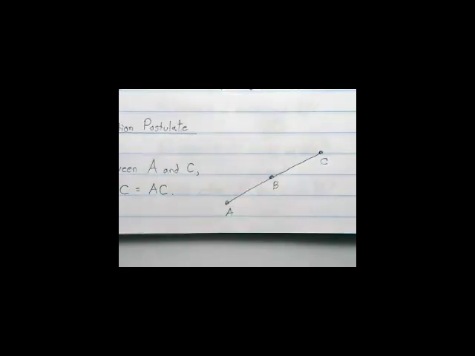Let's say you know the length of AB and you know the length of AC, and you want to know the length of BC. So what do you need to do? Subtract them. That's the kind of thing I was talking about. If you want to know a measurement and you already have other ones, you can do a simple subtraction and get what you need. And that's using the segment addition postulate.